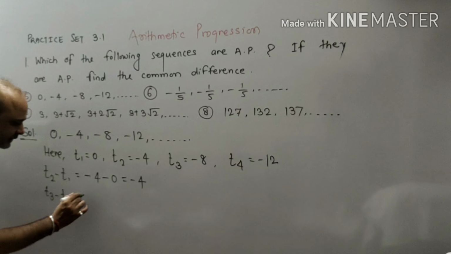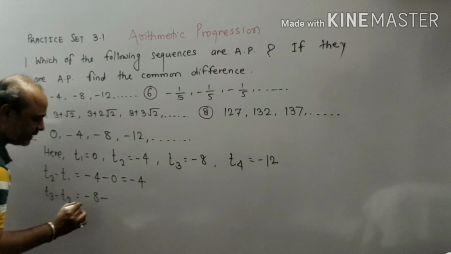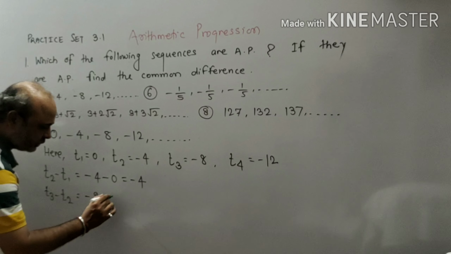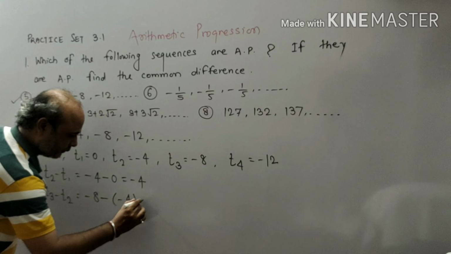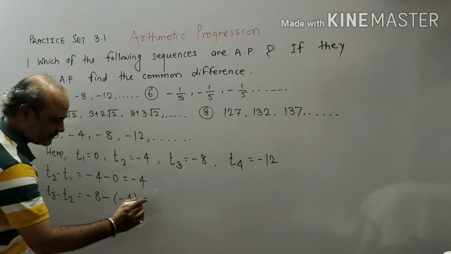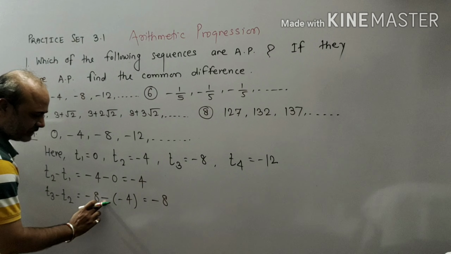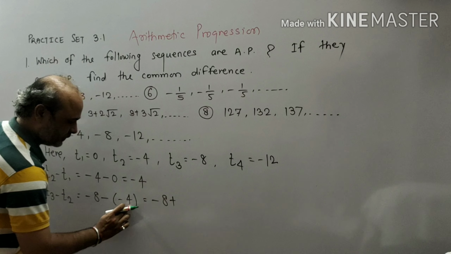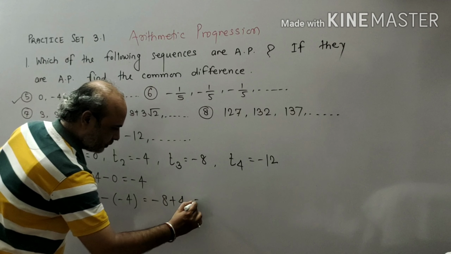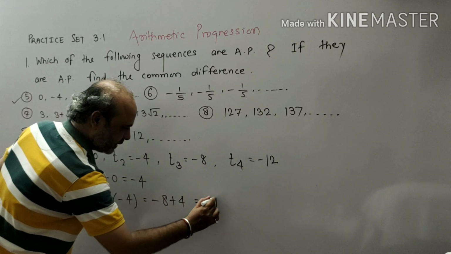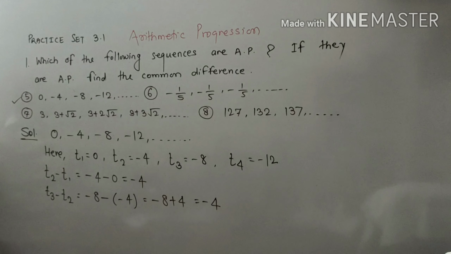T3 is minus 8 minus T2, which is minus 4. This minus becomes plus, so you will get 4. So minus 8 plus 4 is minus 4.